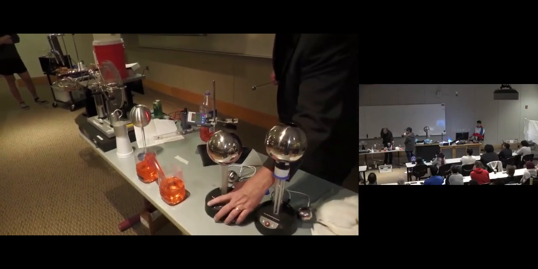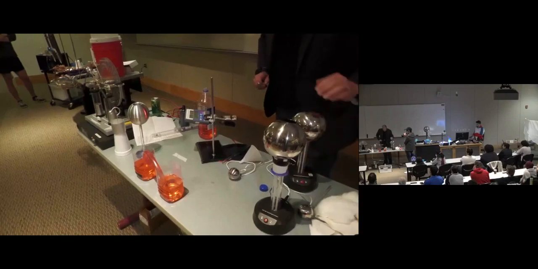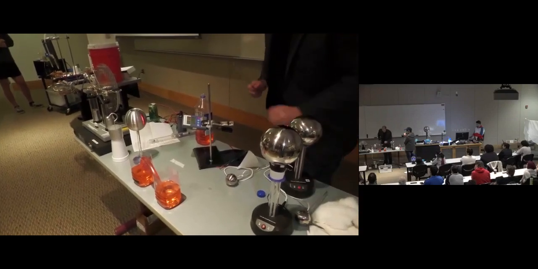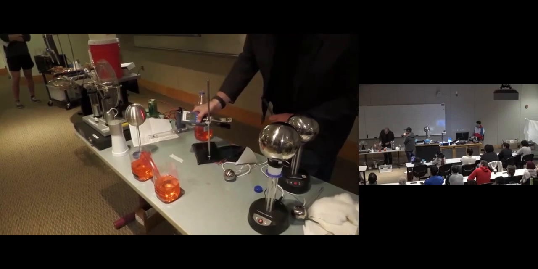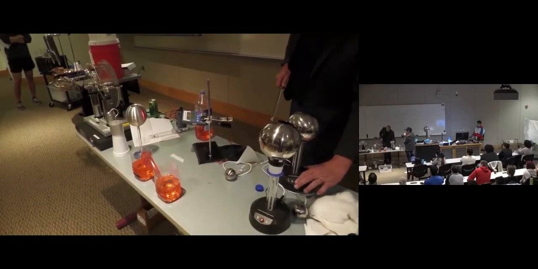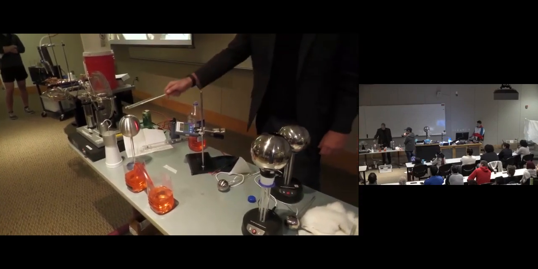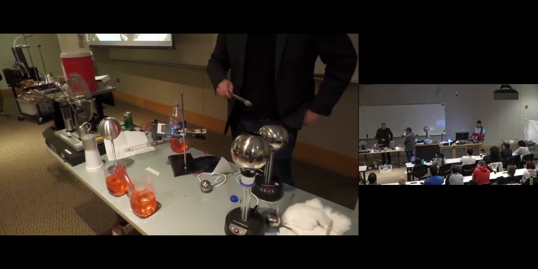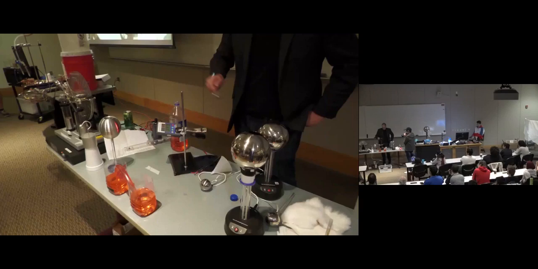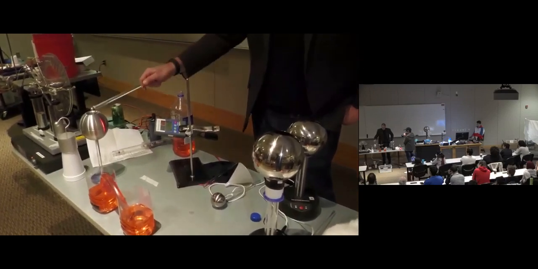That's going to be too much for it. Let's see if we can turn it back here. Ouch, that hurt. Zeroed out, okay. So now I'm doing just like I did before, and I'm transferring charge by hand.